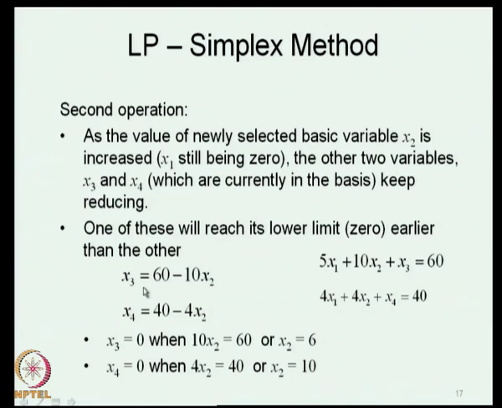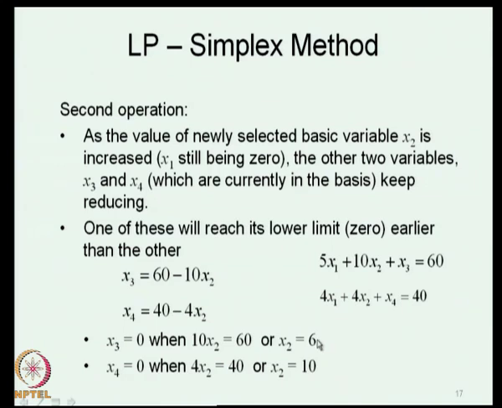From the first constraint I can write x 3 is equal to 60 minus 10 x 2, where x 1 is still 0, remember, and from the second I can write x 4 is equal to 40 minus 4 x 2. So, x 3 will be 0 when x 2 is equal to 6, and x 4 will be 0 when x 2 is 10. What does this mean?